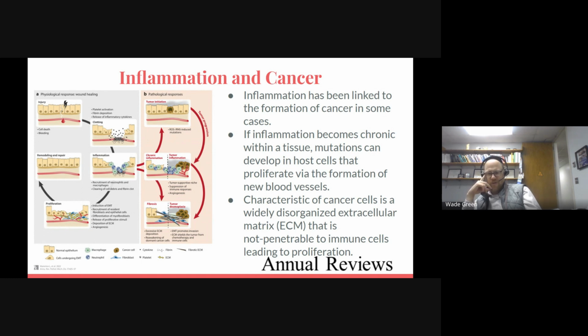One interesting characteristic of cancer cells, once formed, is that they have a widely disorganized extracellular matrix that immune cells generally cannot get to, so the immune cells are not able to curtail the prolonged proliferation of cancer cells.